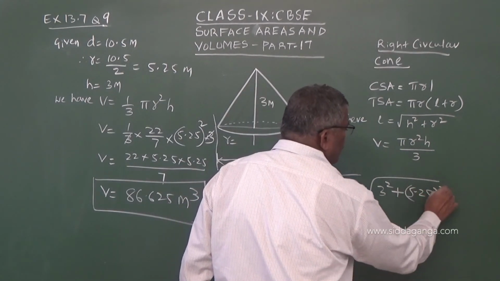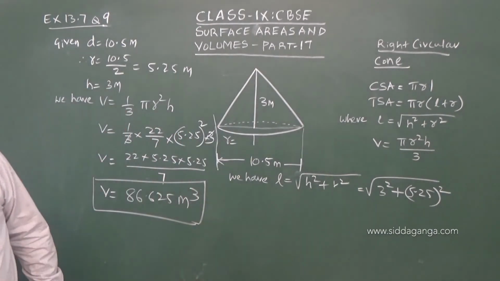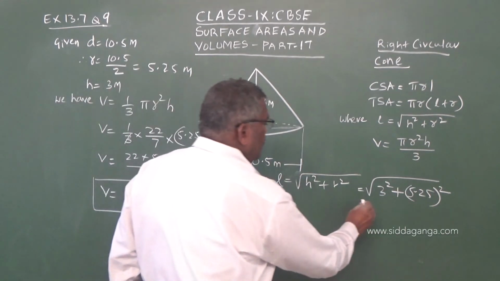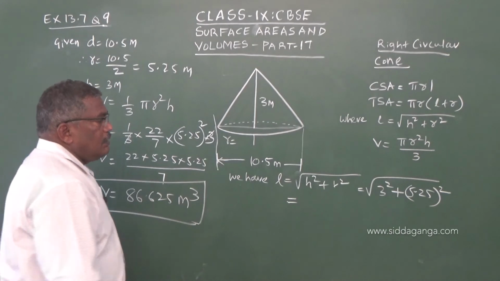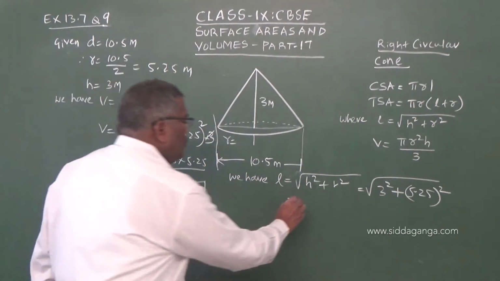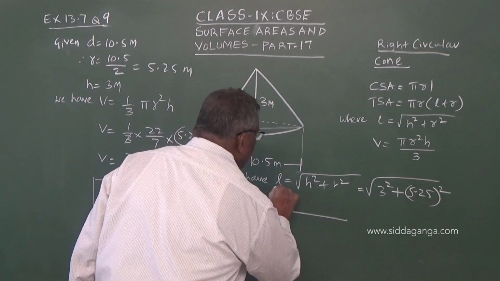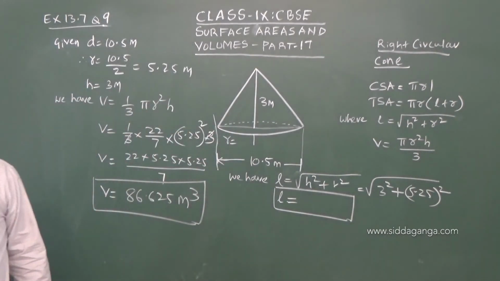Now, this you will find out. l will be equal to square root of 3 square is 9 plus 5.25 whole square.